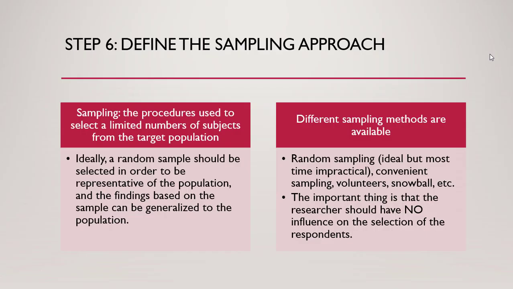Step 6 is to select participants of your study from the target population. This is called sampling. Ideally, you want to have a random sample because it's a probability sampling approach that is better representative of the population. But in reality, non-probability sampling approaches such as convenience sampling, volunteers, and snowball are more common.